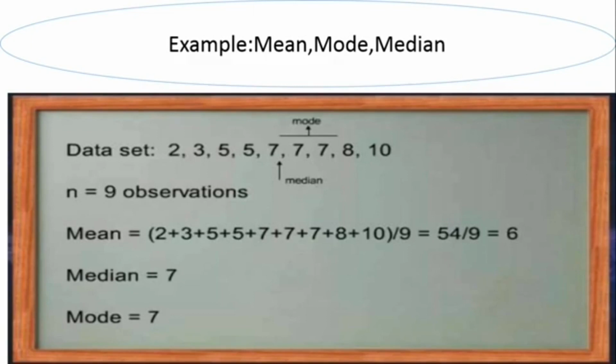The mode is also 7 because 7 is the most frequent value in our sample. So that's what we can do to compute these three indicators, the mean, the mode, and the median, using all the instructions we showed you previously in this series.